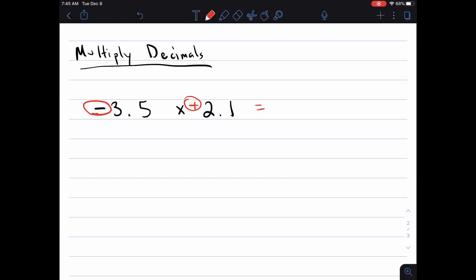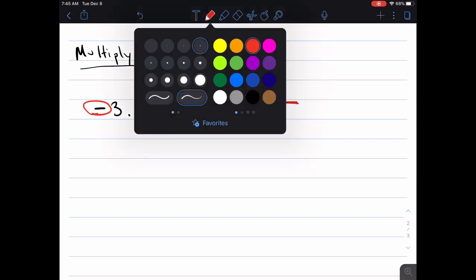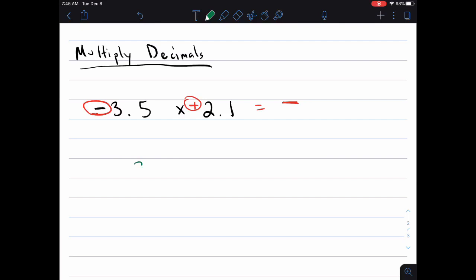Aquí son iguales o diferentes? These are different, so my answer is negative. And let's multiply the numbers. 3.5 times 2.1. 1 times 5 is 5. 1 times 3 is 3. 1 por 5, 5. 1 por 3 is 3. Remember, leave a space. Dejen un espacio o un cero.